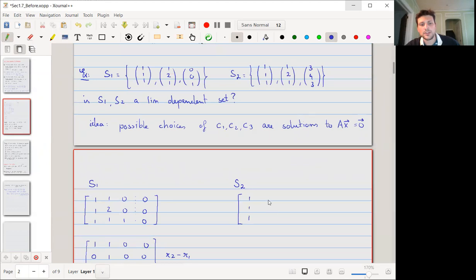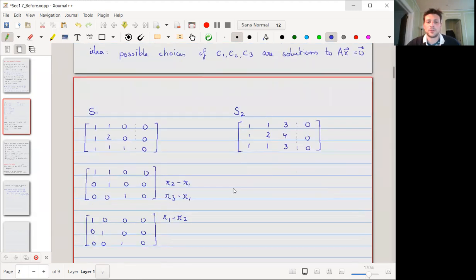We have a similar matrix. We want to solve a problem. This time, this third column is slightly different, but we still want to solve a linear system whose constant terms are 0. So let's do it again. I'm not going to write the steps. 1, 1, 3, 0.